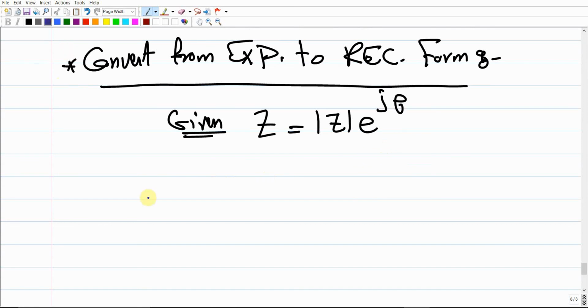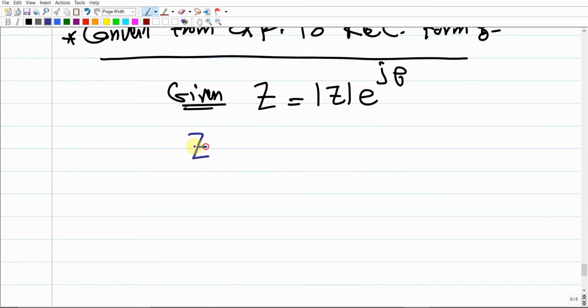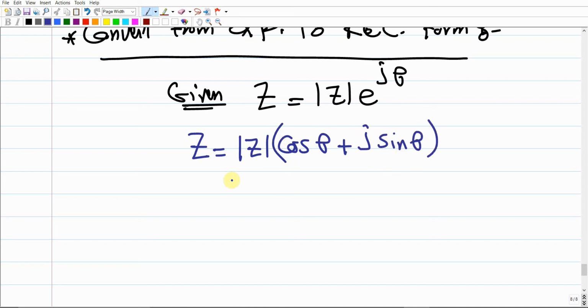It can be expanded as z equals the magnitude of z, times cosine theta plus j sine theta. So the magnitude and the exponential term itself expand into cosine plus j sine. If the exponent is negative, it should be negative there.